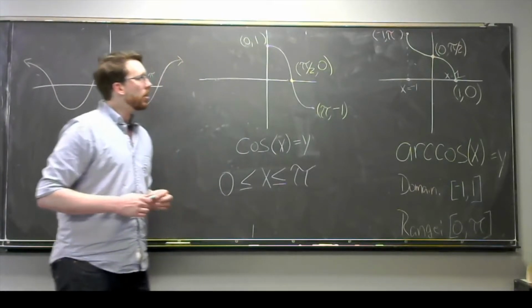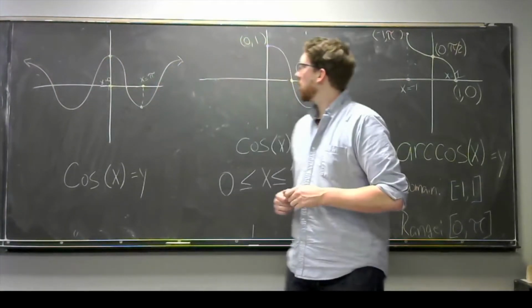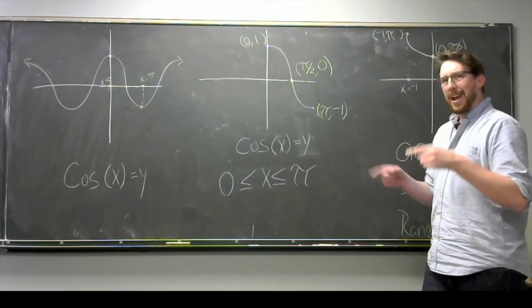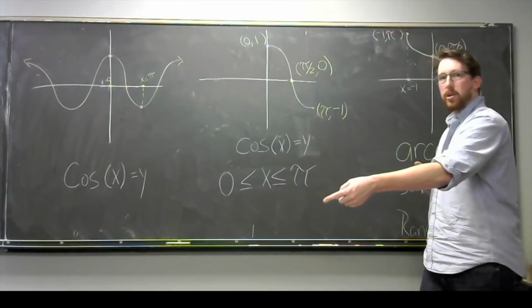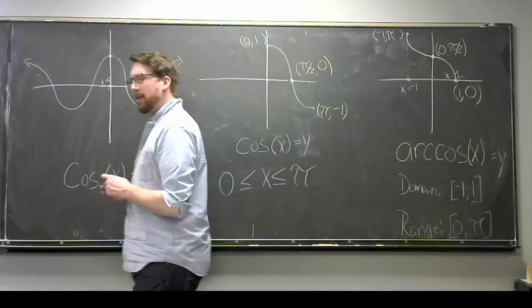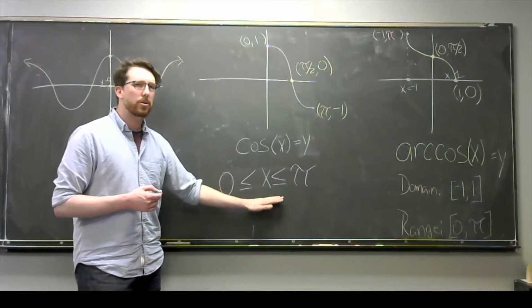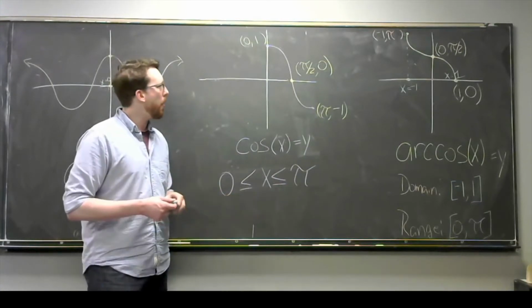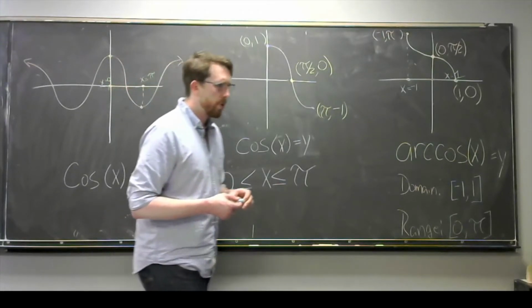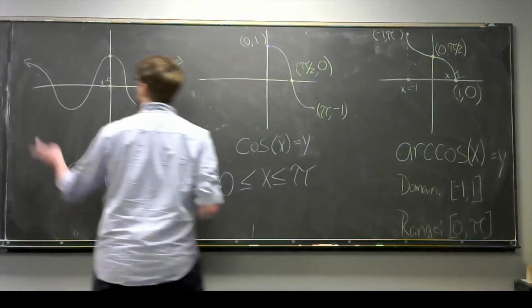All right. Well, let's think about this for a second. Cosine takes in an angle and it computes a value, right? And what we just said is that we're going to restrict our angles to 0 to pi. So where are we looking on the unit circle? What area does that correspond to? Well, we can draw it.